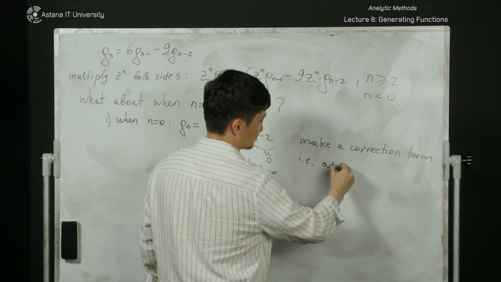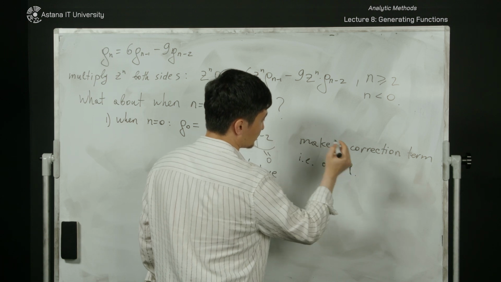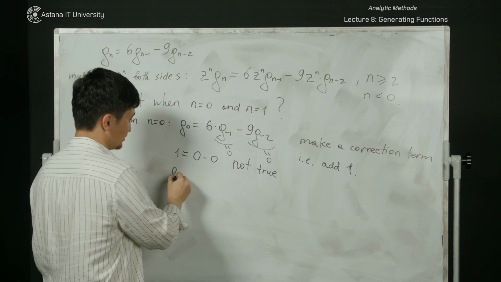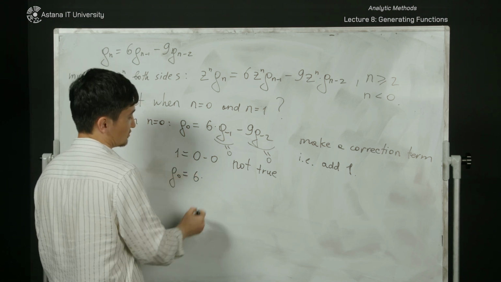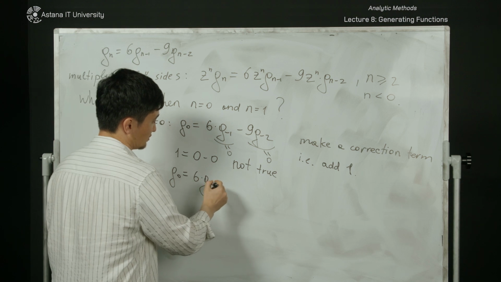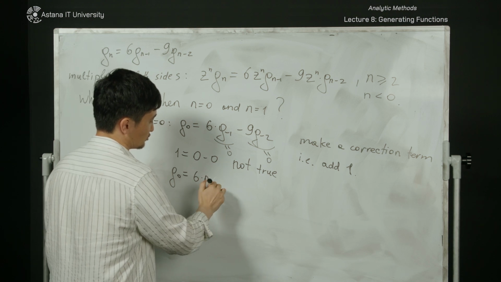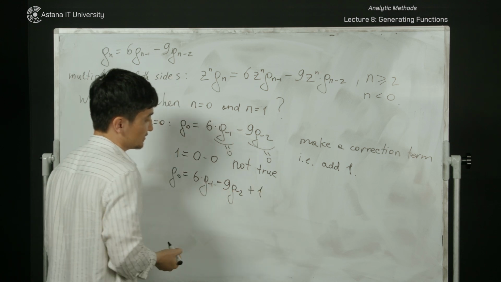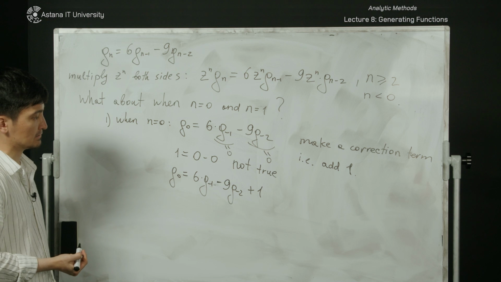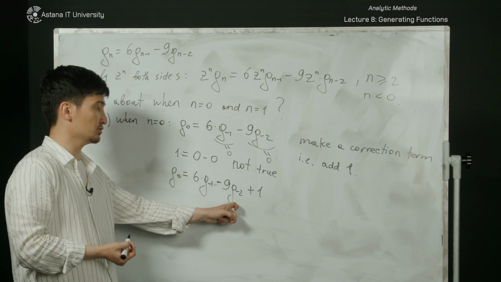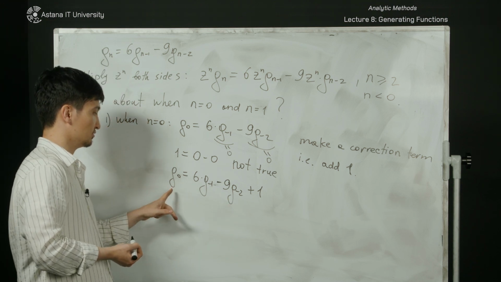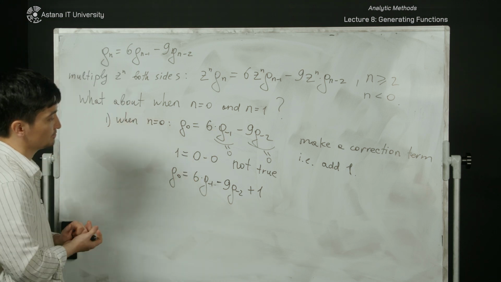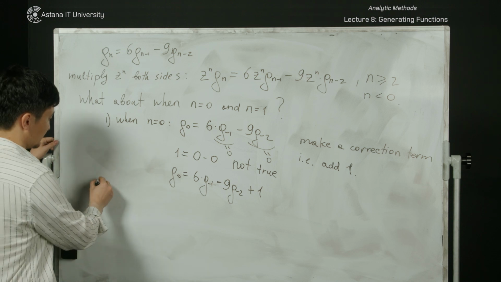So in that case, g_0 equals 6 times g_{-1} minus 9 times g_{-2} plus 1. When g_{-1} and g_{-2} are 0, I will have 1 equal to 1. All is good. Now, let's consider the second case when n equals 1.